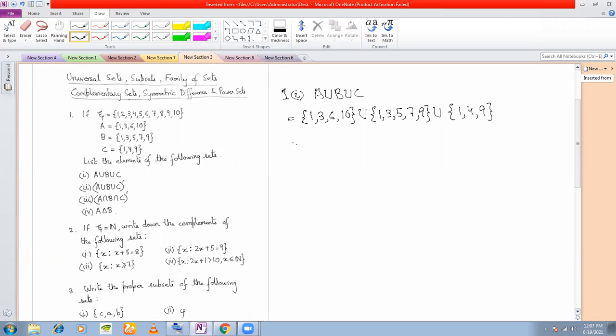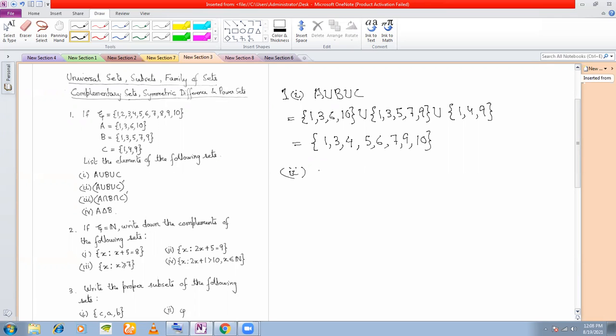Okay, and what is the union of these 3 sets? You write each element in all the 3 sets just once. So you have 1, 3, 4, 5, 6, 7, 9, and 10. So all the elements in the 3 sets you write just once. You have A union B union C.